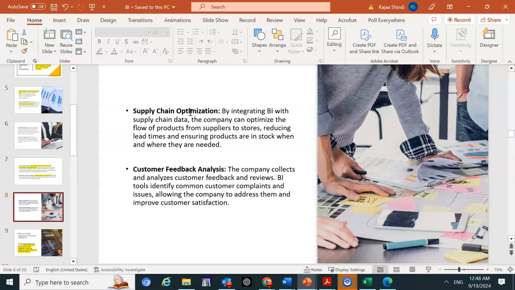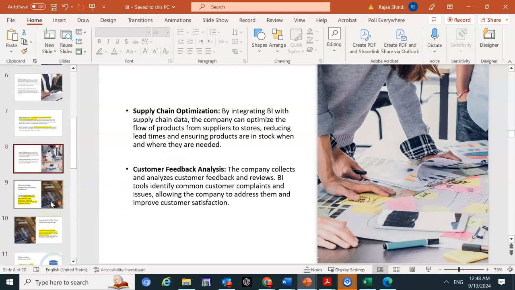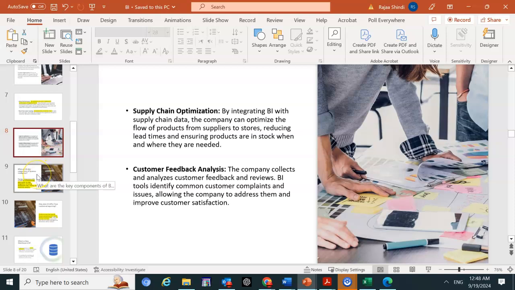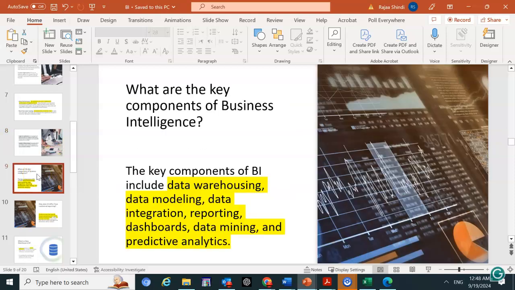Supply chain is really a huge topic, and BI always plays a significant role in improving and optimizing supply chain management. Customer feedback, such as surveys or reviews we receive from customers, can also be analyzed using the BI tool. And we can give more examples.